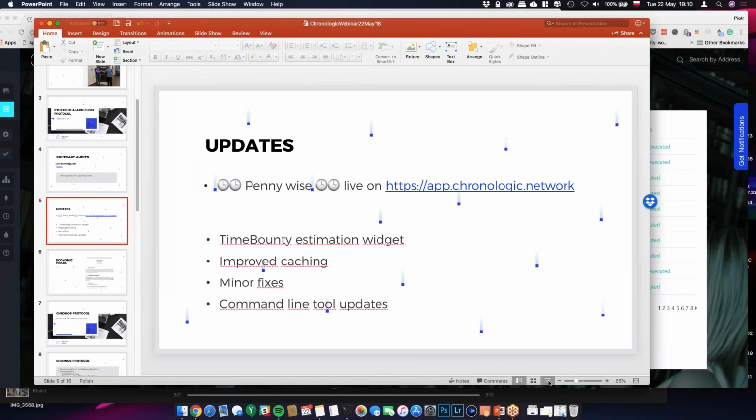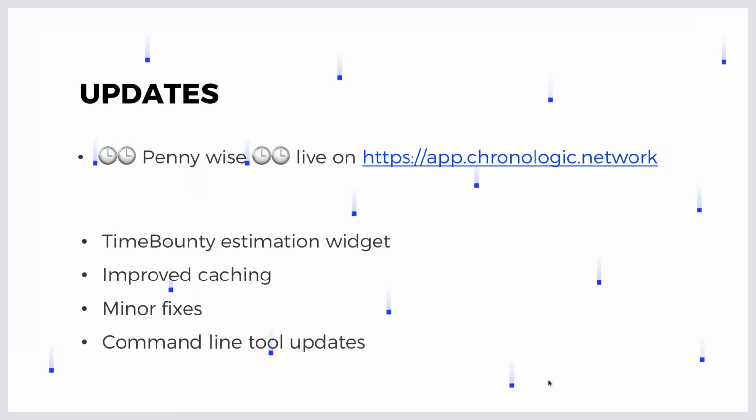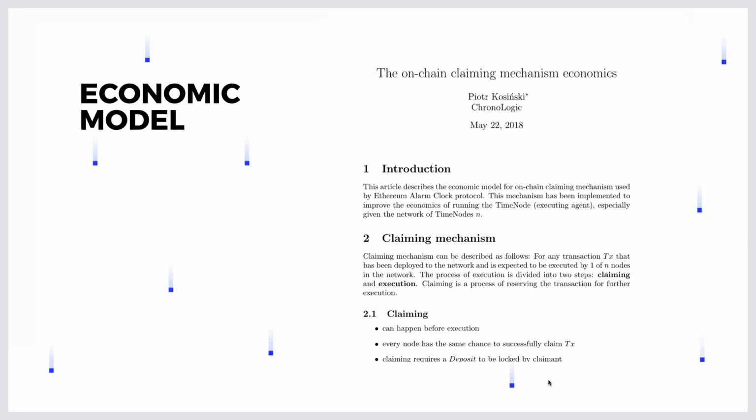Let me make this full screen. So besides that, I'm actually working on something, a sneak peek of what I'm working on now, which is that I'm trying to create the economic model for running the time nodes, which is going to answer some questions about whether and when it's going to be profitable, what the cost is, and so on and so forth. Which means that there is some probabilistic model being built.